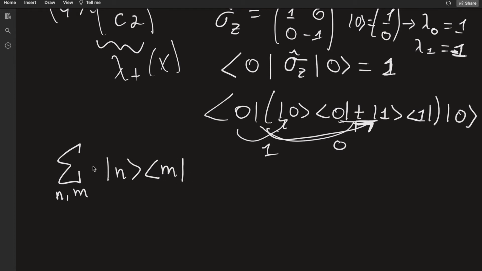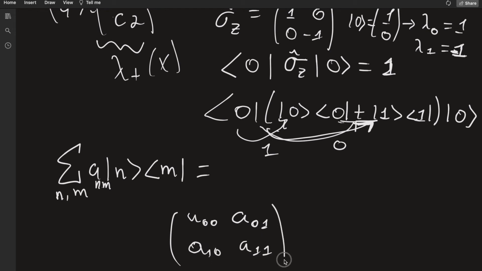So let's consider again the two-dimensional case, a 2 by 2 matrix. We consider a matrix that in this case is 0, 1, 1, 0, 1, 1. If we consider this matrix, we can write it simply as this.